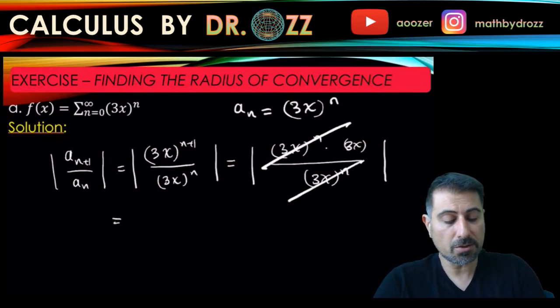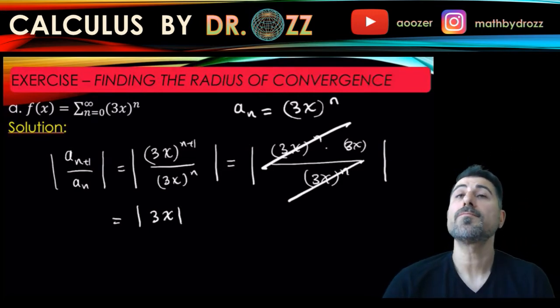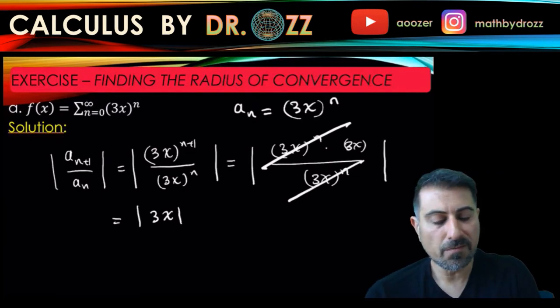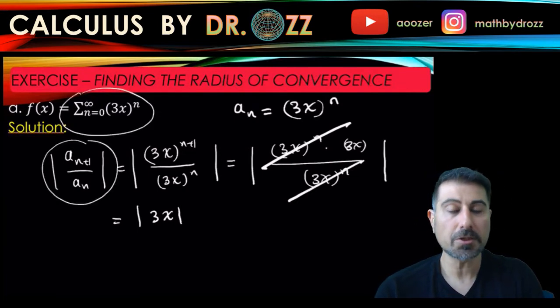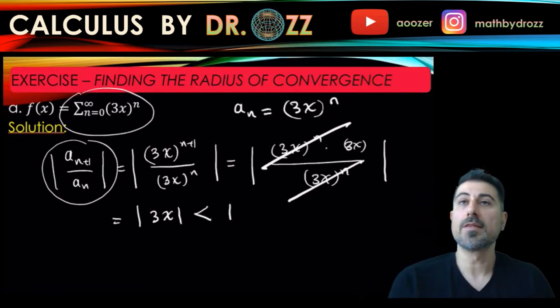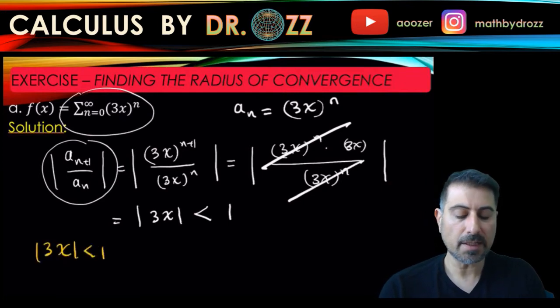So this ratio here is the absolute value of 3x. That's good because for this series to be convergent, we want this ratio to be strictly less than 1. So let me just rewrite that. I want the absolute value of 3x to be less than 1.